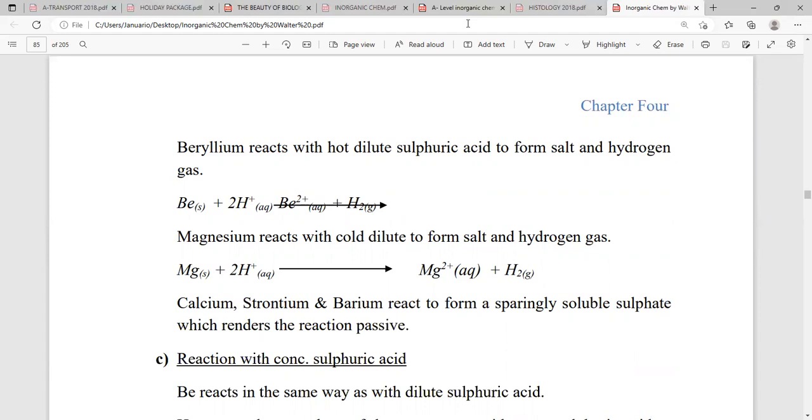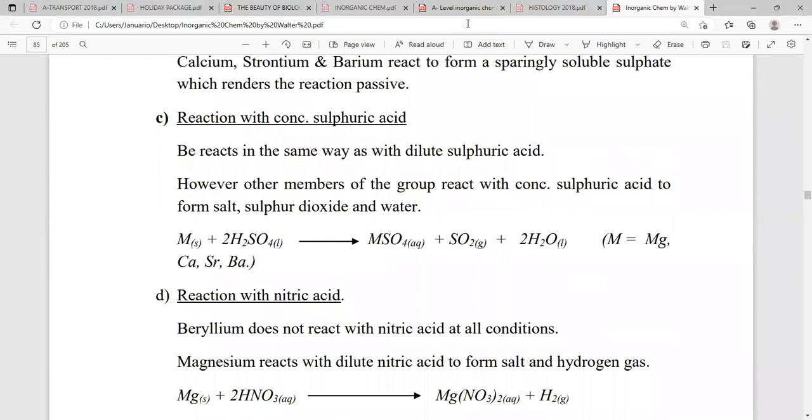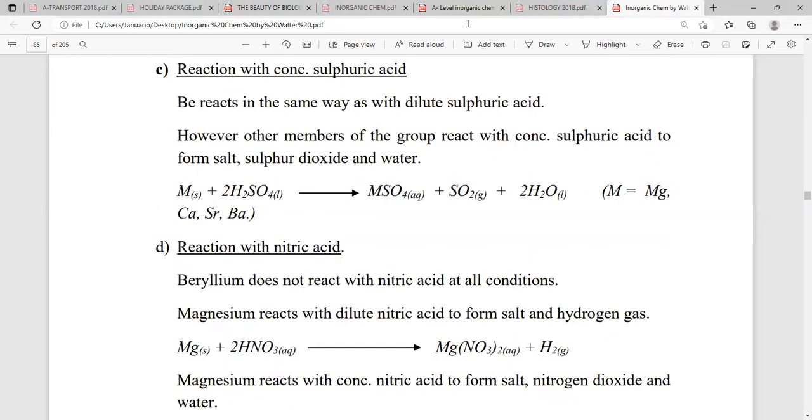With concentrated sulfuric acid, beryllium reacts the same way as it does with dilute sulfuric acid. However, the other members of the group react to form a salt, sulfur dioxide gas, and water.